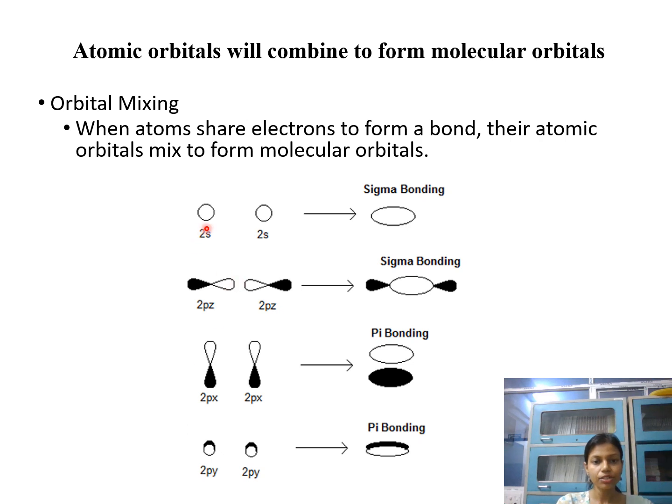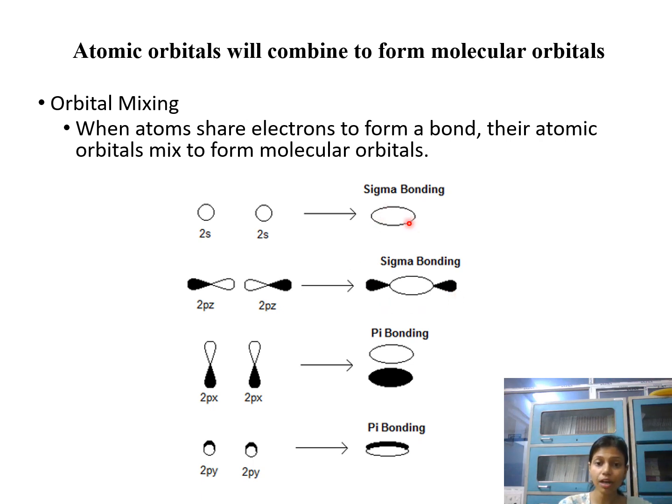You can see that 2s is a sphere shape, and when 2s of one atom and 2s of another atom combine, see here they are in the same phase, so they form a sigma molecular orbital with this phase. And it will look like this. When two 2pz orbitals overlap head-on on the z-axis in the same phase, a sigma molecular orbital forms, and the shape of the molecular orbital will look like this.